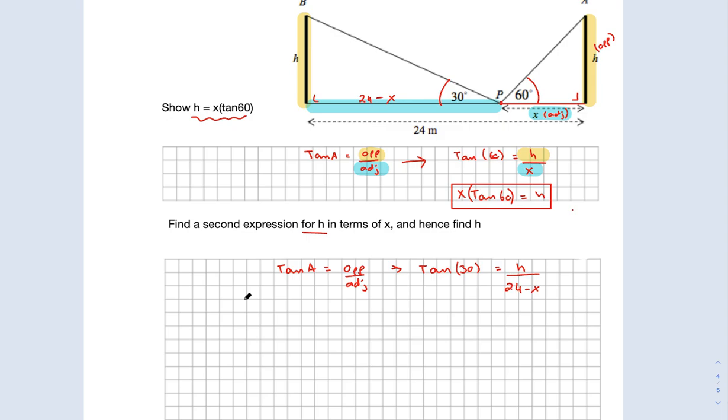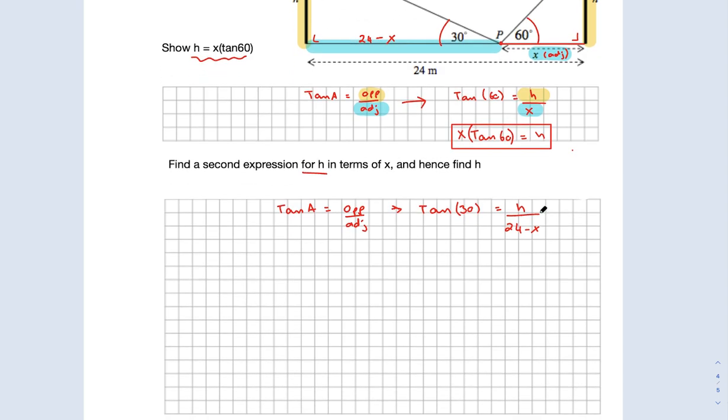What is that 24 minus x doing to h? It's dividing. I do the opposite to both sides, which is multiply. So I multiply both sides by 24 minus x, and it drops out on this side because I have multiply and divide.